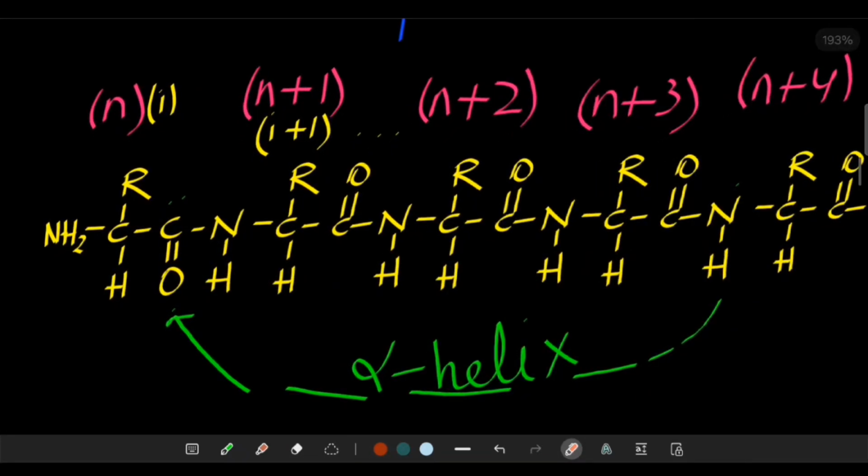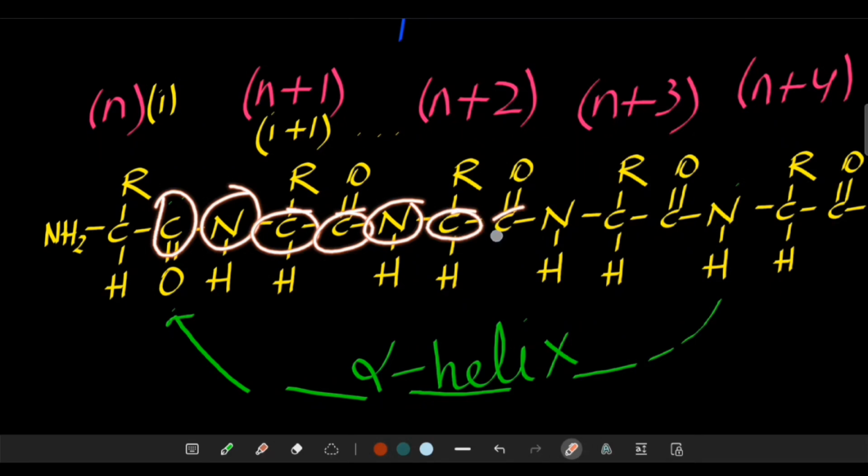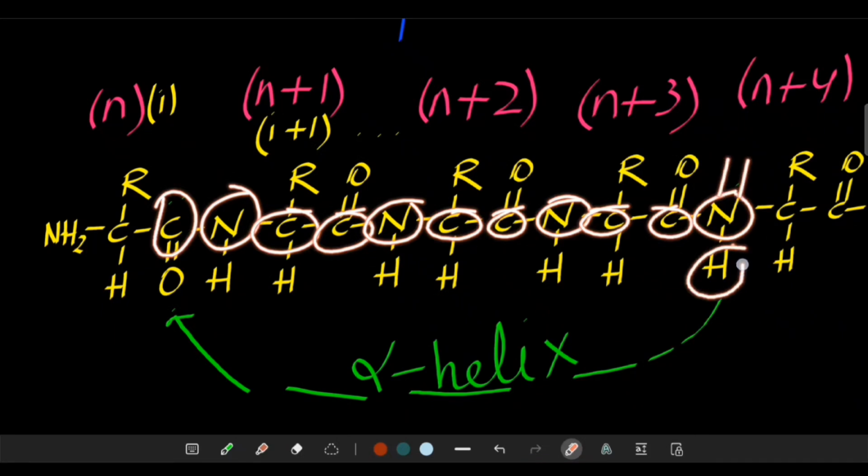So let us first count the backbone. From here: 1, 2, 3, 4, 5, 6, 7, 8, 9, 10, 11, right? So from the backbone there are 11 atoms involved. Now what about the other two atoms? We have 11 over here, and then this is also involved. This is the main one that is involved in the hydrogen bond.